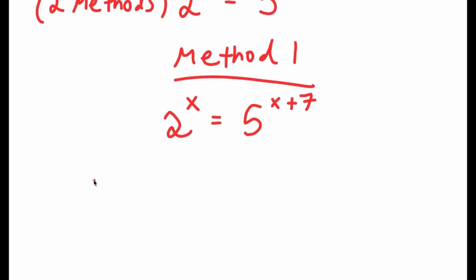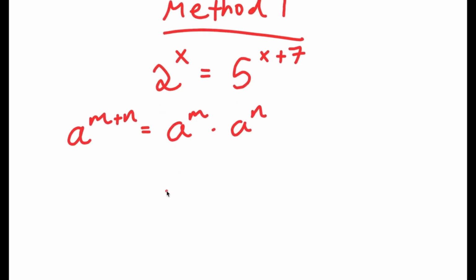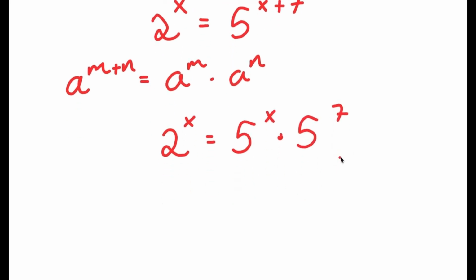And if I have something in the form a to the power of m plus n, this is equal to a to the power of m times a to the power of n. So 5 to the power of x plus 7, I can write that as 5 to the power of x times 5 to the power of 7.